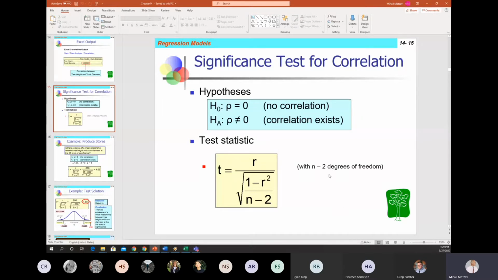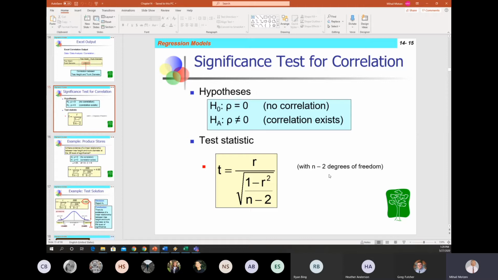Now there are n-2. Why n-2? Well, because the first one was the limit due to the assumption that the computed arithmetic mean is significant, and n is the sample size.